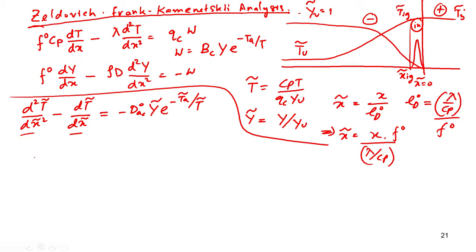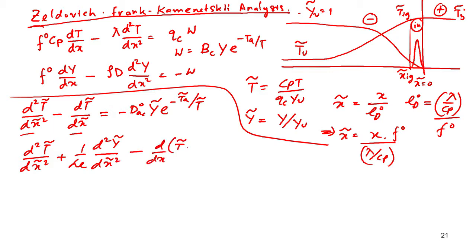Then you normalize the species diffusion equation and add it to the normalized temperature equation, and you will get the coupling equation.